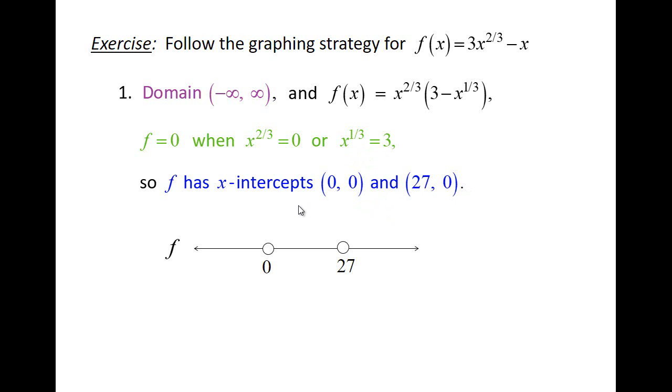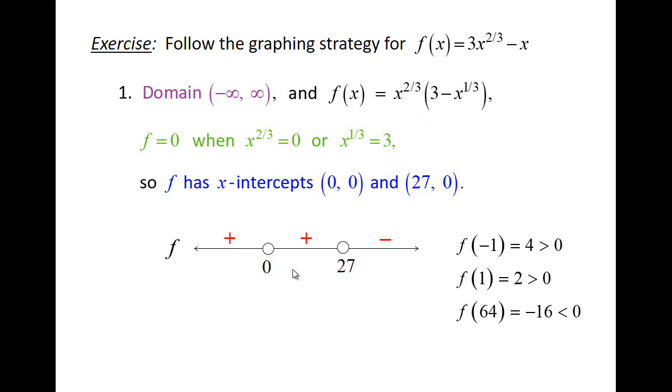Now, these are the only points where f is 0. Let's figure out the sign of f. On the left of 0, what's the sign of f? Well, on the left of 0, we can pick negative 1. And if you look at f of negative 1, because we are squaring here, that's going to be positive.